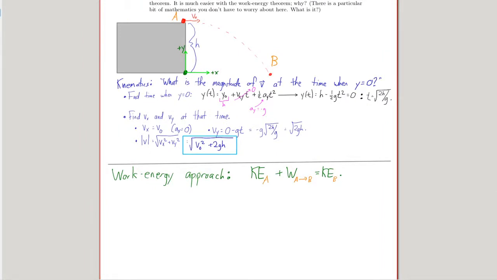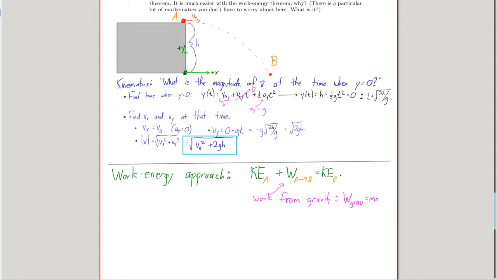Now, in this case, the only force here doing work is gravity. And the work from gravity is going to be equal to, well, let's see, gravity is doing positive work because I'm moving downward.